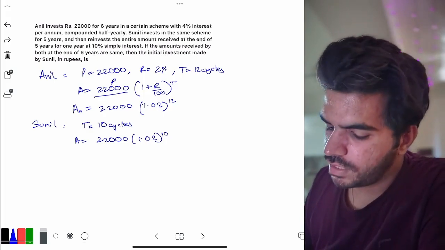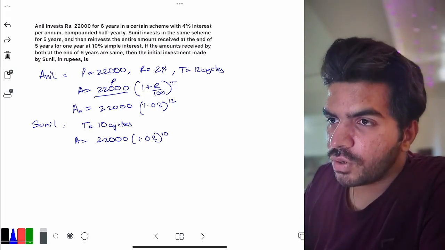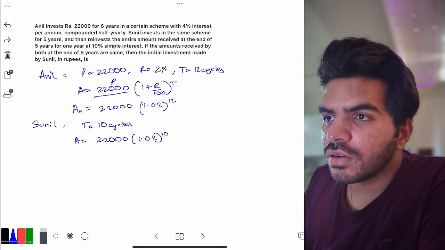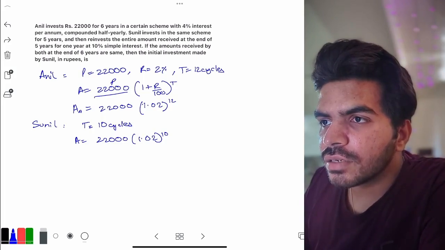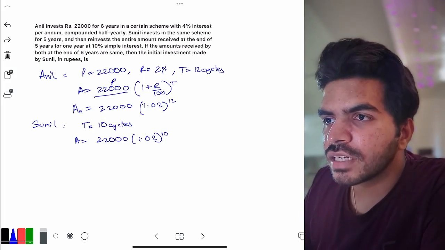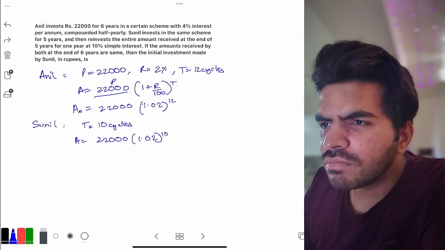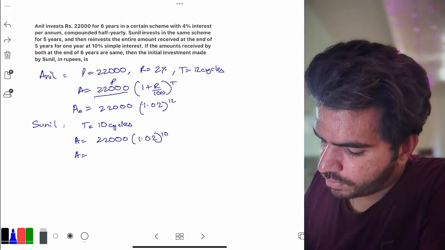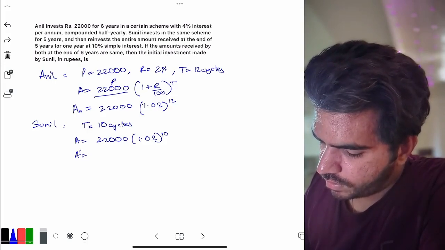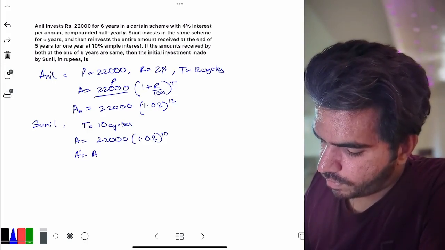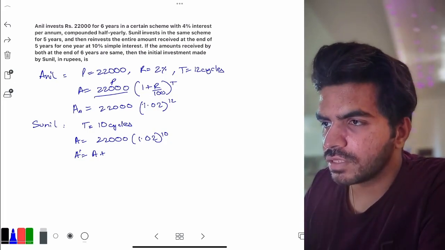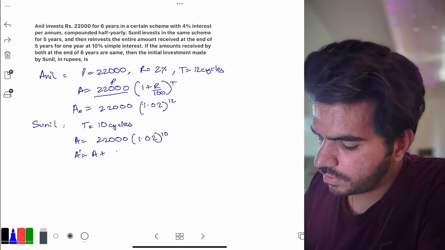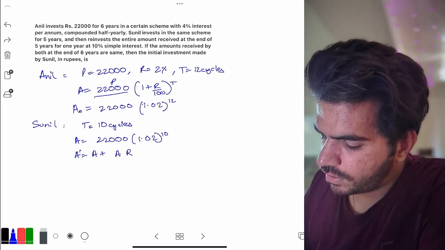Now for the last year, Sunil invests it again at 10% simple interest. So the new amount will be equal to the previous amount, that means the principal plus the simple interest, which is A R T upon 100.